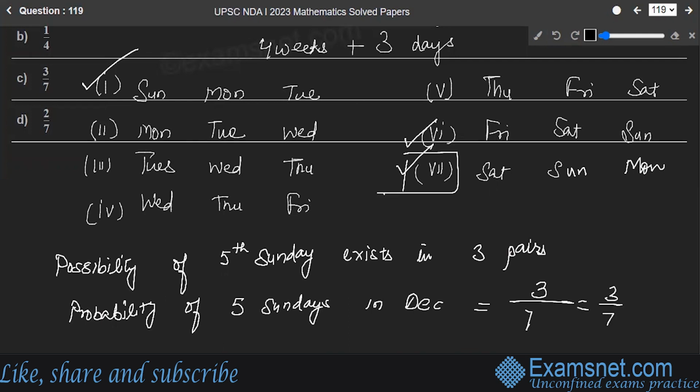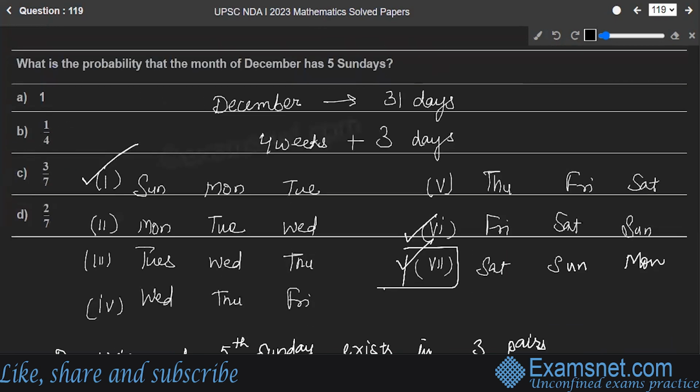So 3 by 7 is the correct answer. Let's check. We have option C as the correct answer.